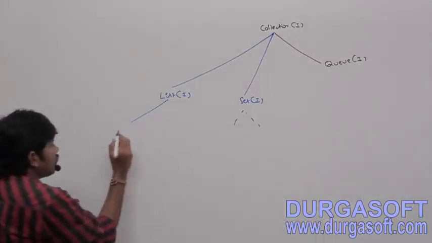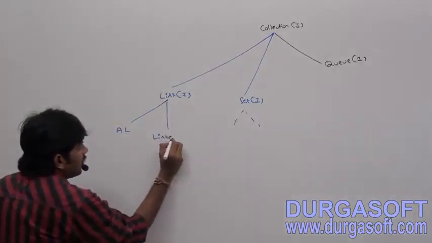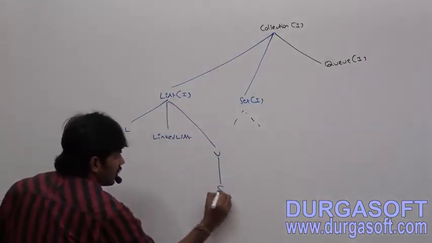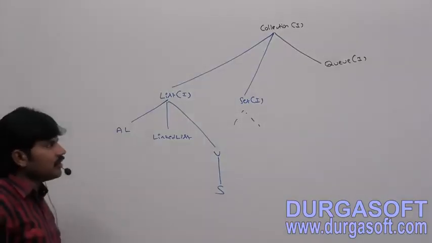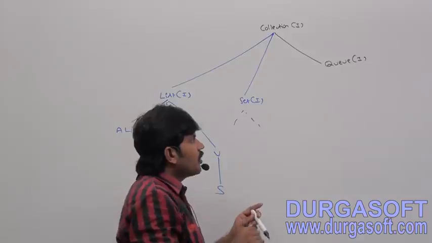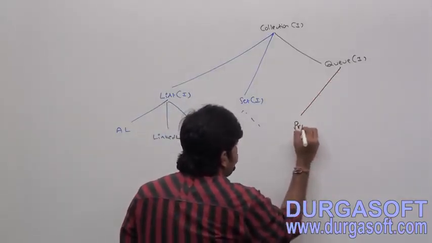In the list, array list is there, linked list is there. At this stage no explanation is required. Vector is there, stack is there. Next, this part is our main part. Queue is there. For the queue there are several implementation classes.